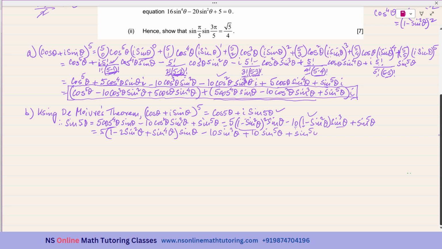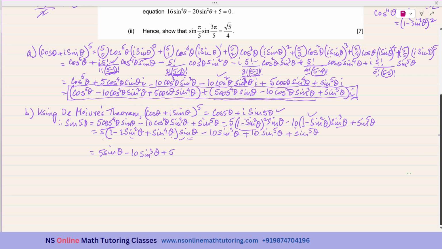theta. Okay, so this is equal to, I am expanding this, 5 times 1 is 5 times sine theta. So 5 sine theta. This one is sine square theta times sine theta is sine cube theta, and 5 times 2 is 10. So minus 10 sine cube theta, and this one is sine to the power of 4 theta times sine theta is sine to the power of 5 theta, and there is this 5 in front.